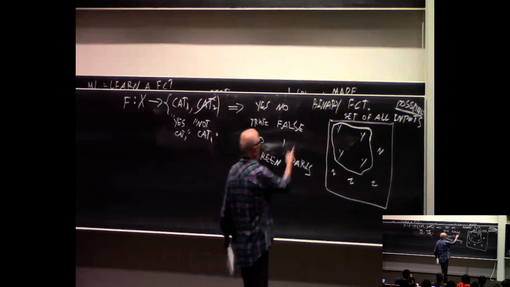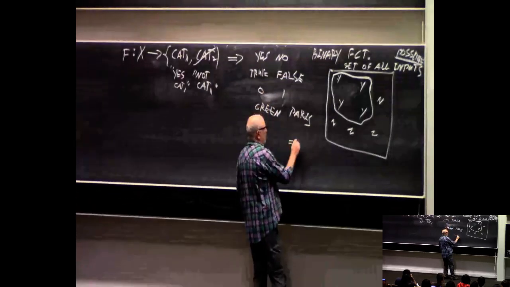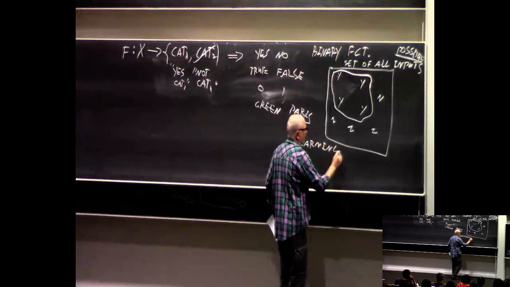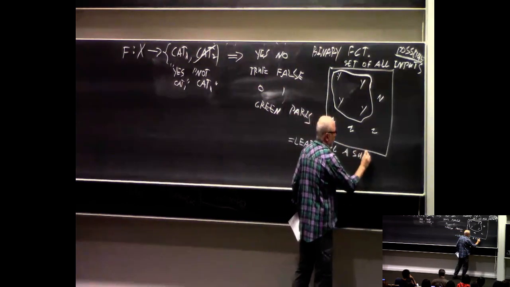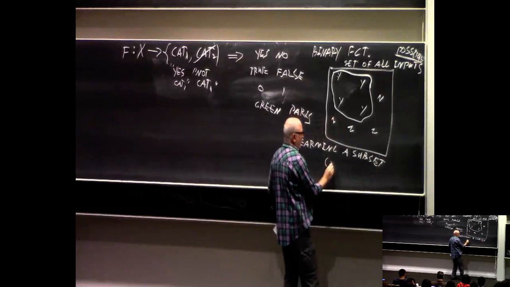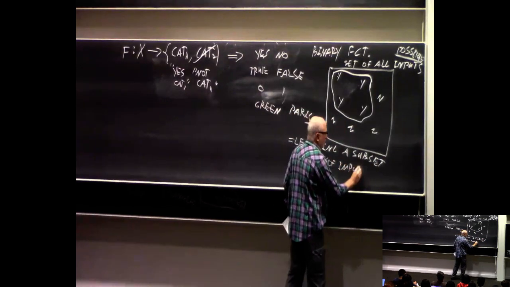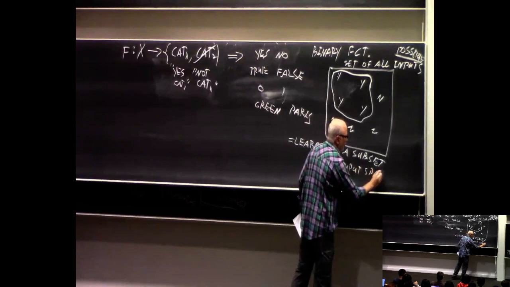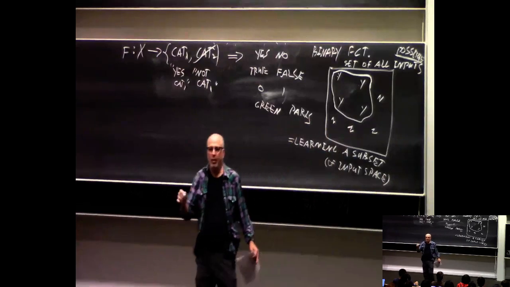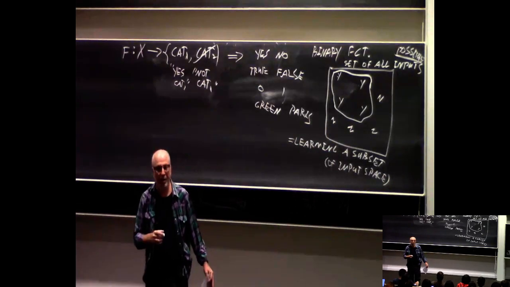So learning a binary function is the same as learning a subset of all possible inputs. Or I'll call it the input space. A binary function is mathematically the same as a subset of input space.